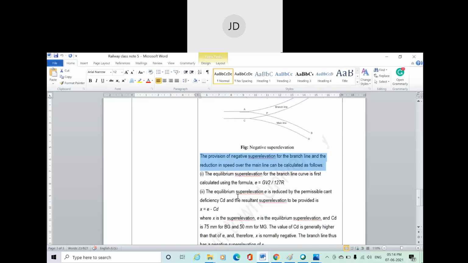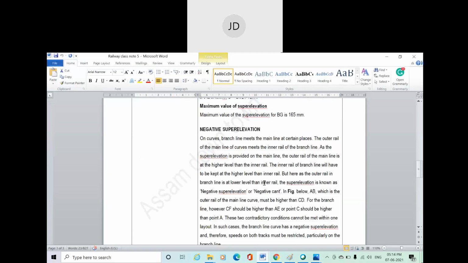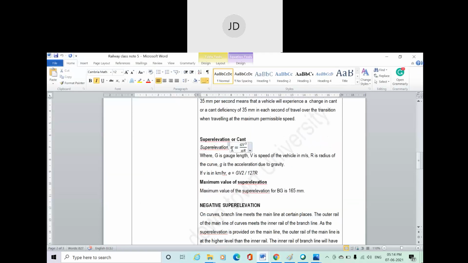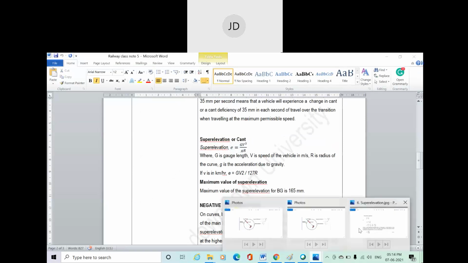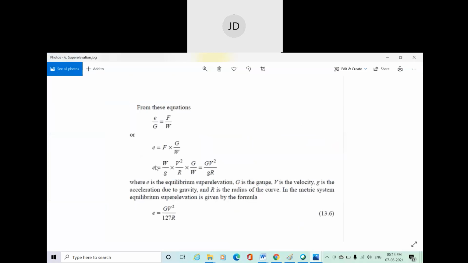Here you can see, I have shown you, right? Super elevation is E equal to G V square by gR. So from this, you can derive also. Here E is your super elevation, basically equilibrium super elevation. Capital G is the gauge length, that means the distance between inner rail and outer rail.